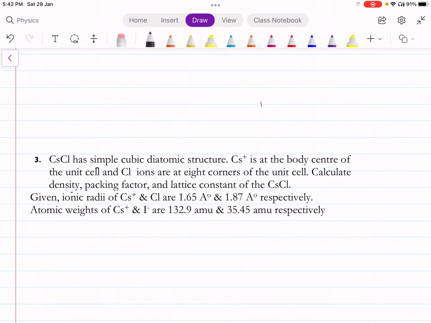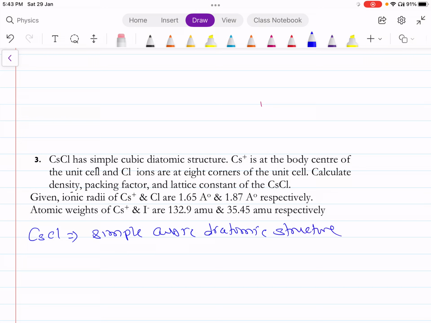Then let's go to the third sum. Cesium chloride has a simple cubic diatomic structure. So cesium chloride is simple cubic diatomic. This is given.